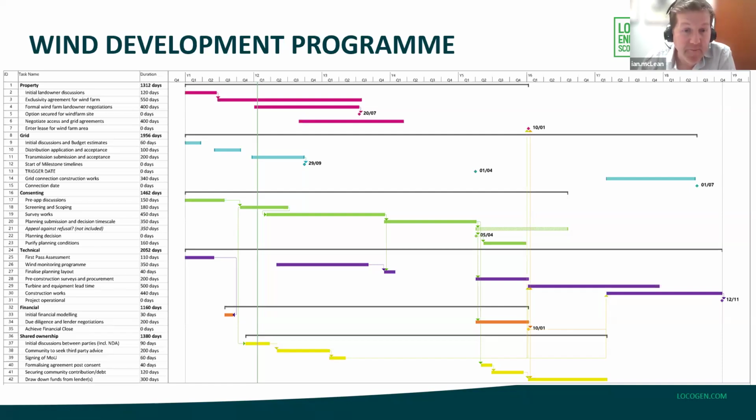The key thing to take away is that the program has the project being delivered in just under 8 years. I would say that for a typical onshore wind farm, 7 to 9 years from initial idea to the project being commissioned and operational is not unusual. Yes, it can be done quicker, but at the same time, it could also take a good bit longer.